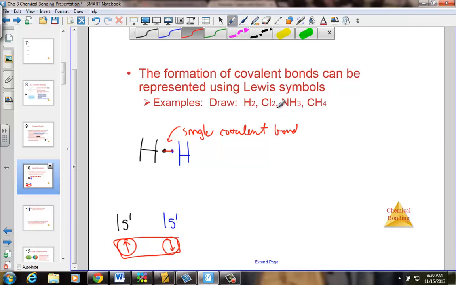What about molecular chlorine, Cl2? Well, chlorine, which lives in the 7th family, group 7A, would start with 7 valence electrons, one around each side first, seeing that the 7th has a lonely spot, an open spot for bonding.